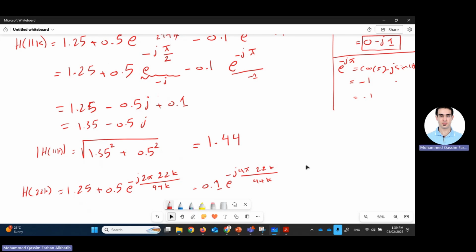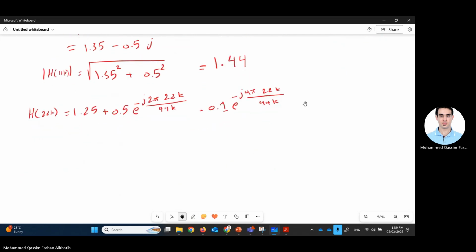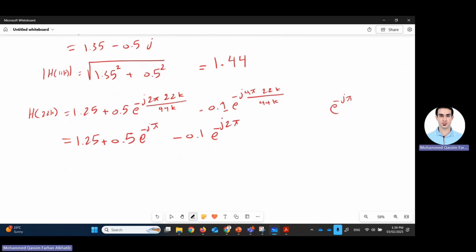Let's see if we can simplify. I will get 1.25 plus 0.5 times e to the power minus j pi, minus 0.1 times e to the power minus j 2 pi. E to the power negative j pi we already found is negative 1.